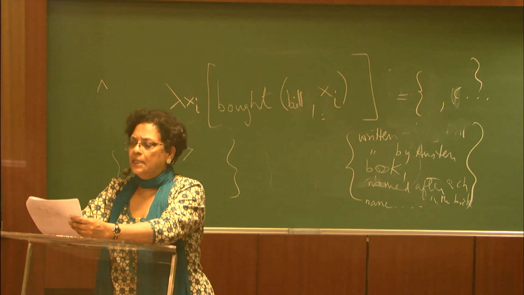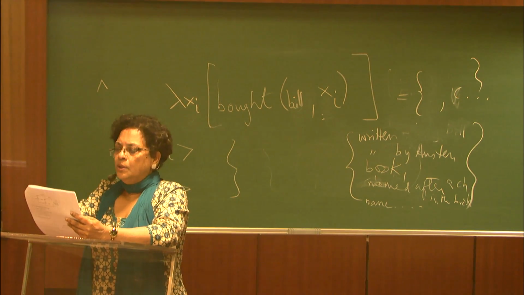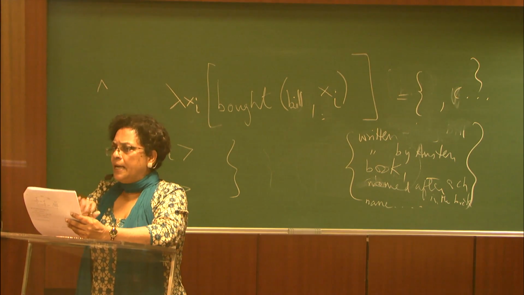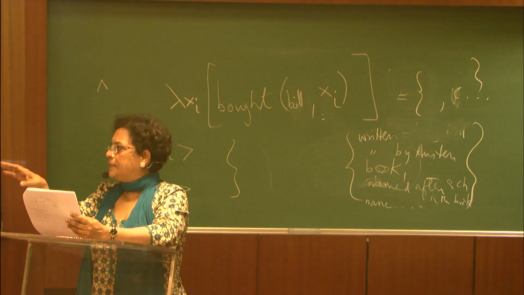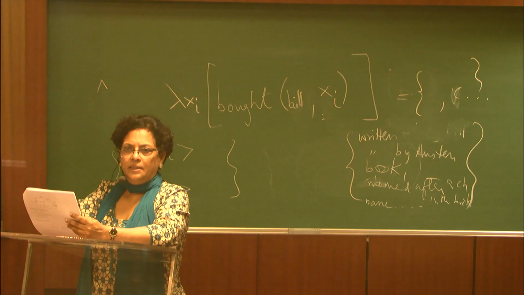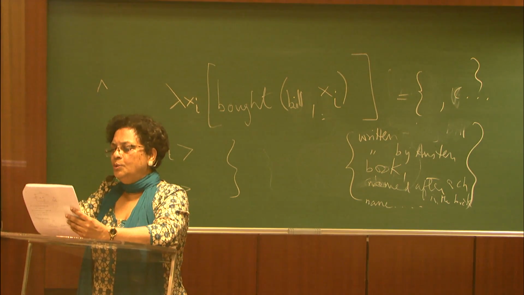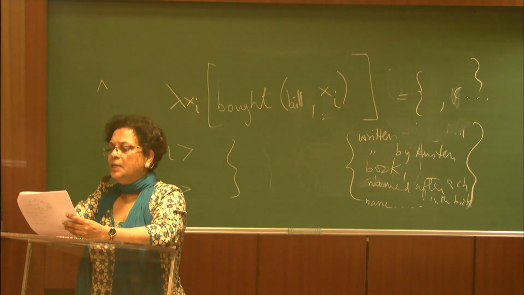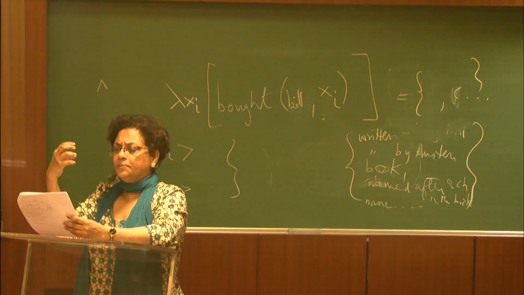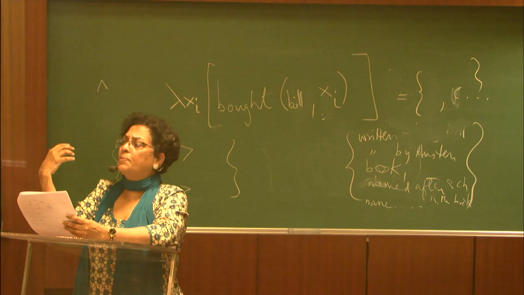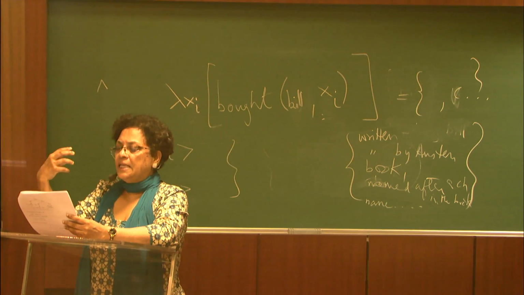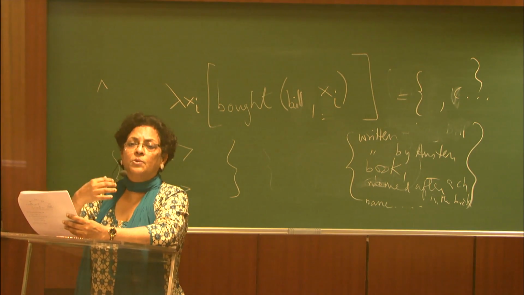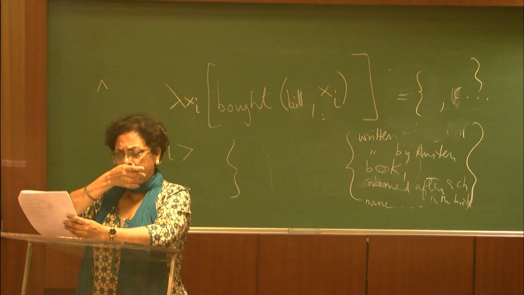I'll run through this. Okay, so Bill bought x sub i. That's the question nucleus. That's exactly what we had for the declarative. Two is what happens at the level of C0. The meaning of C0 is: I'm looking for a proposition Q such that Q is equal to P. P is my free variable.